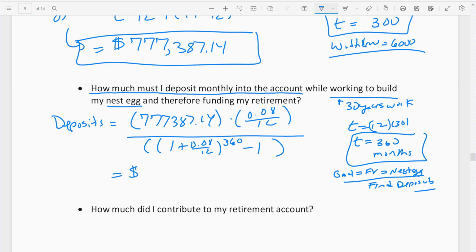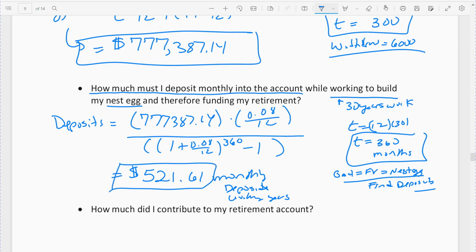And so what do the monthly deposits need to be? So every month for 30 years, rounded to the penny, while we're working.